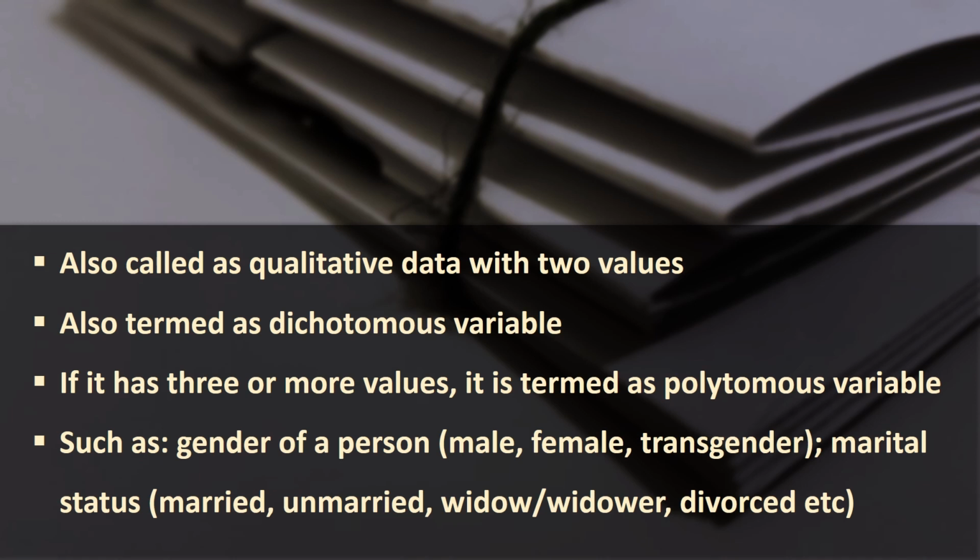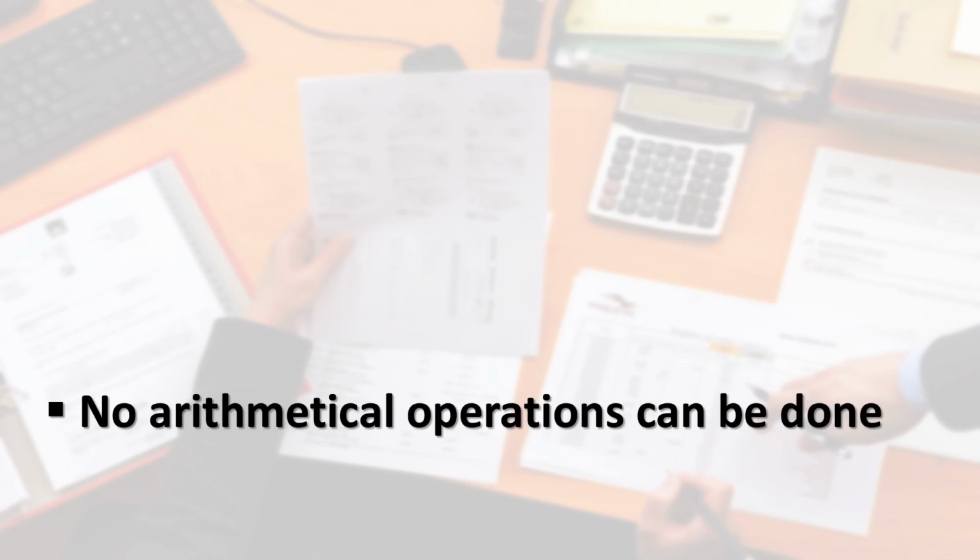So, a categorical data set may have dichotomous variables or it may have polytomous variables. 2 variables means dichotomous variables, and 3 or more variables means polytomous variable. Again, in this kind of data set, no arithmetical operations can be done, right? Because they are only categories, they are not numbers.